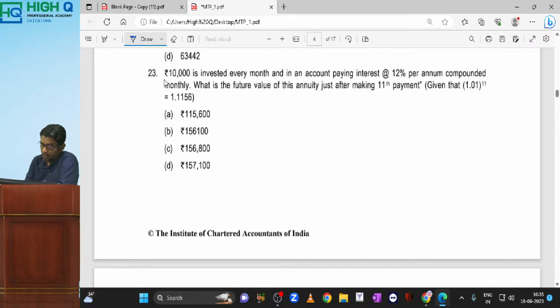Next. 10,000 rupees is invested every month in an account paying interest 12% per annum compounded monthly. What is the future value of this annuity just after making 11th payment? Okay, so 1.01 whole power 11 is given as 1.1156. Every month, regular annuity only. So 12% means it is going to be 1% per month.